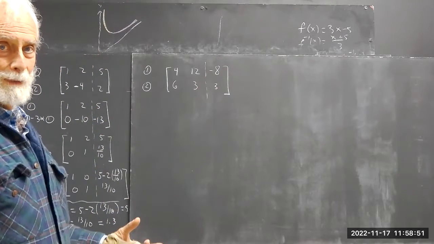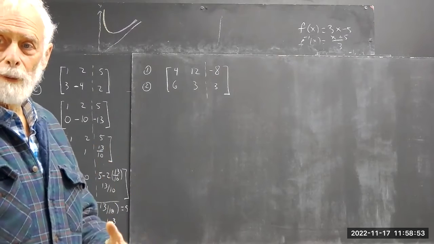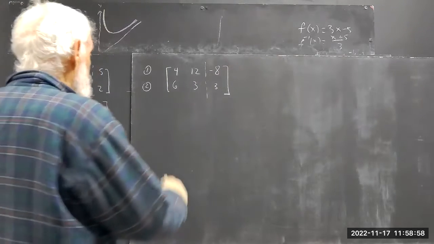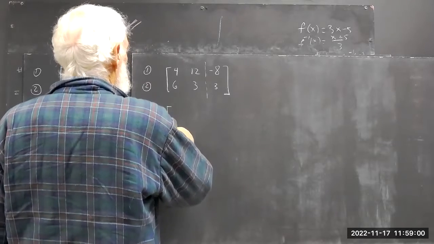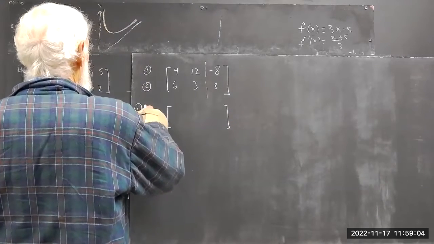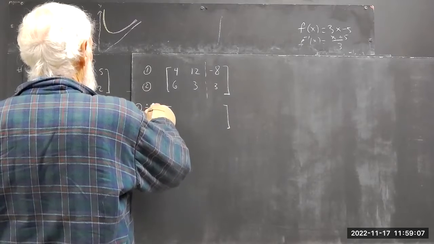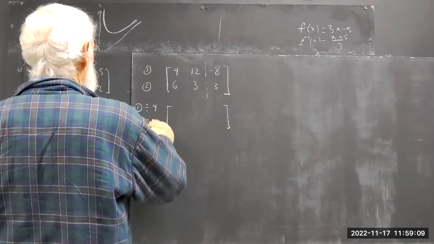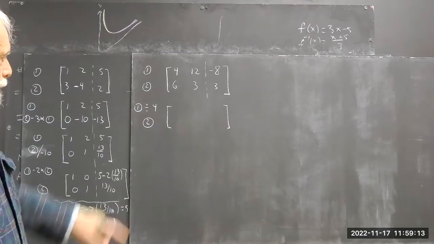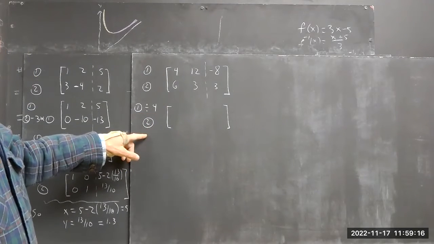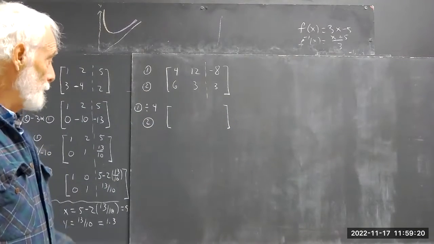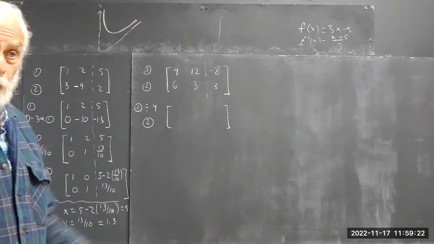Hint. I'm going to do the first step. I'm going to tell you what the first step is, so I want you to execute the first step and then proceed from there. So if you do these operations, equation 1 divided by 4 and equation 2, you're going to write down row 1 divided by 4, then you're going to write down row 2.